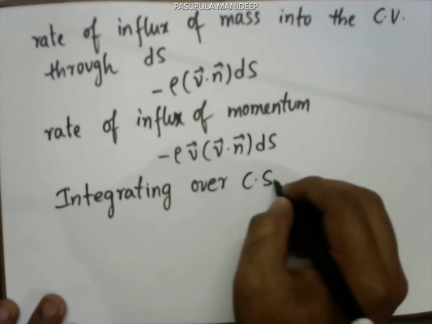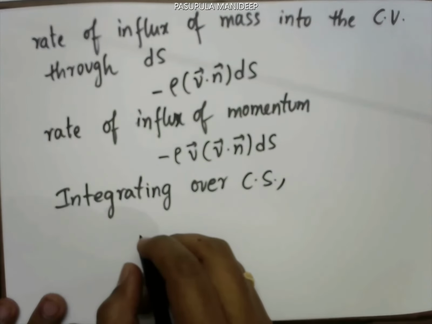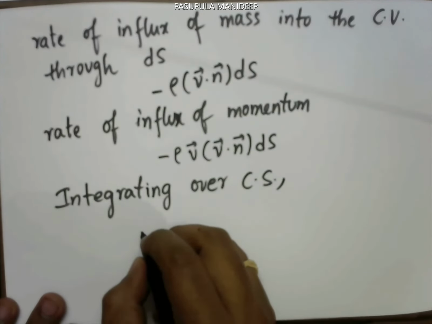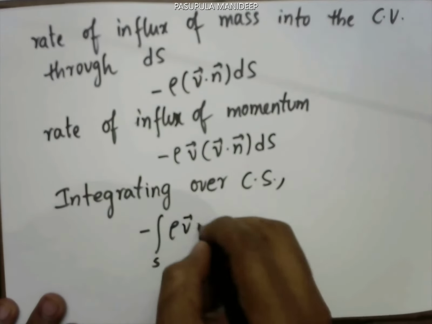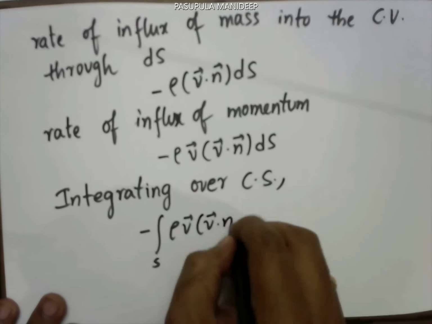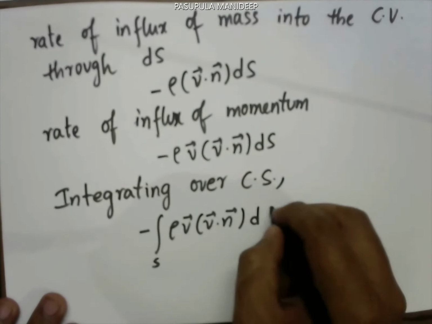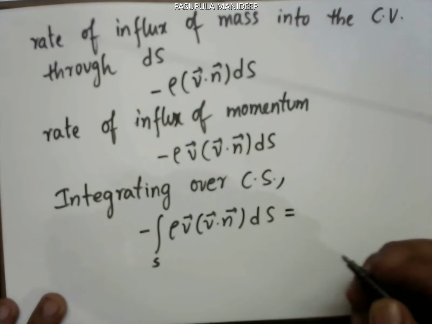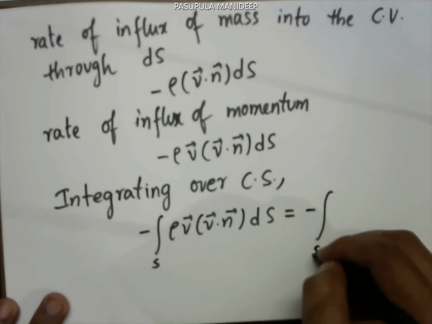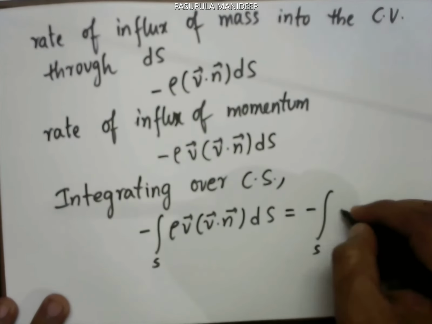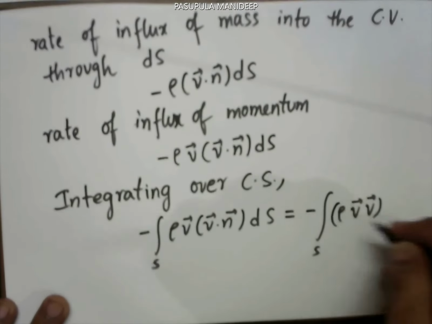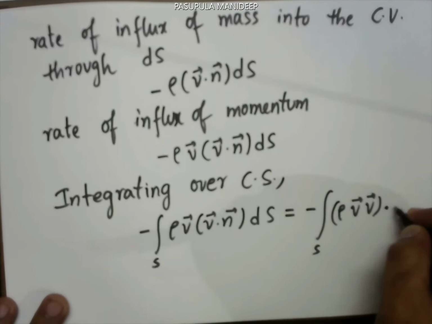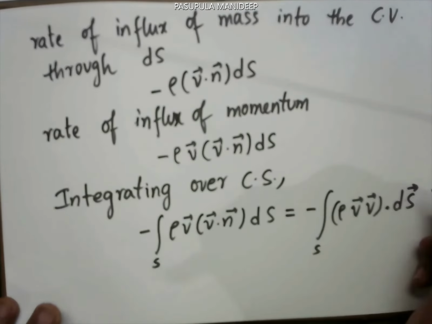We can write this as minus the integral over S of rho v bar times the dot product of v bar with dS bar. This is the elemental area vector.